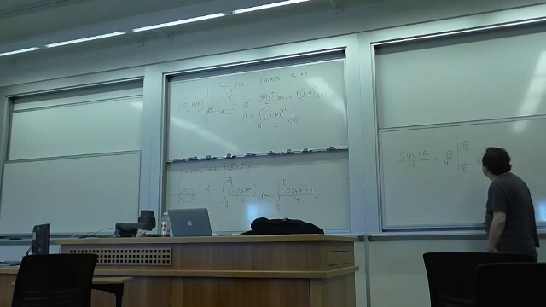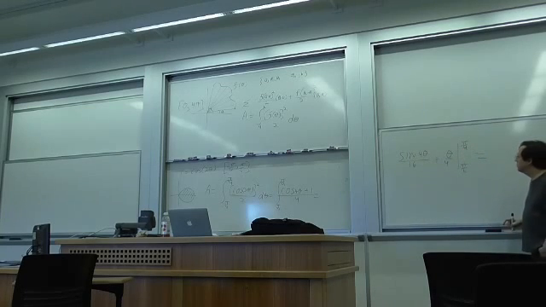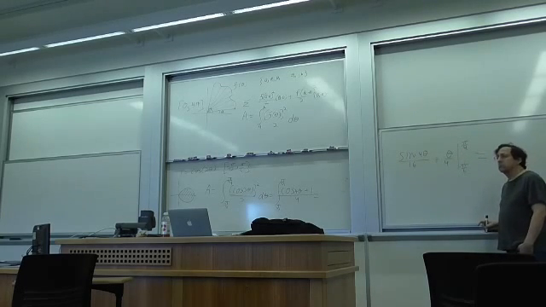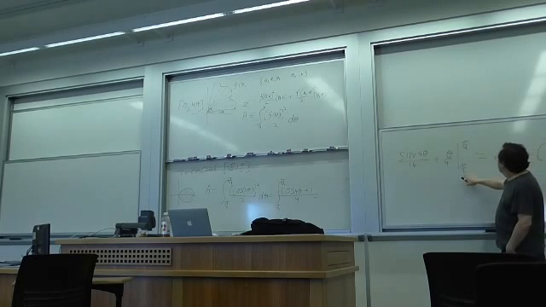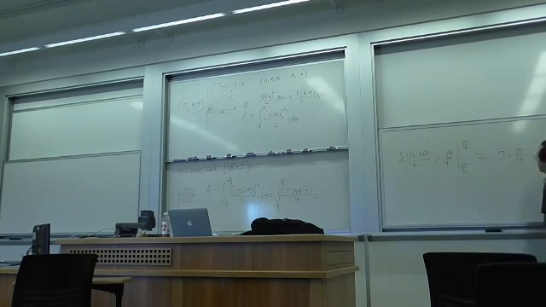Sine of pi is 0, plus pi over 16 minus 0, sine of negative pi, 0 again, minus pi over 16.